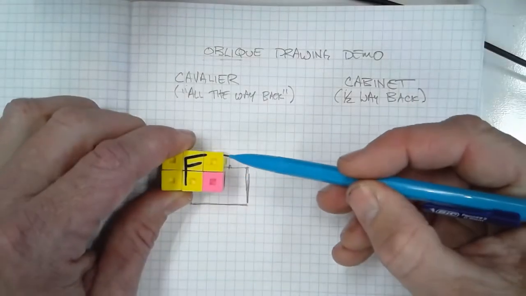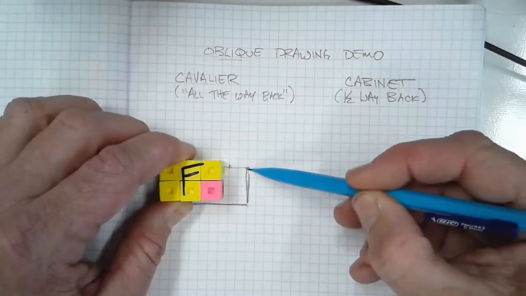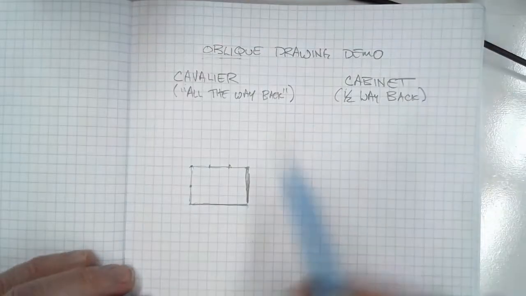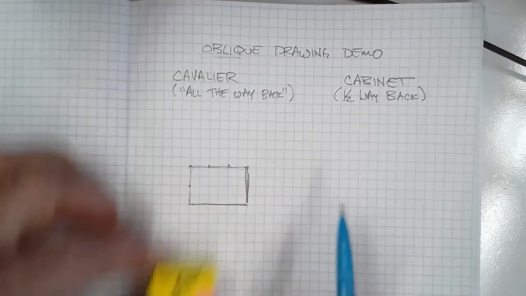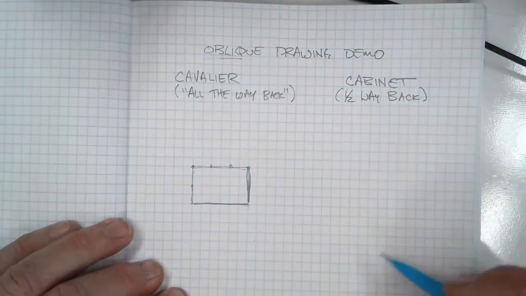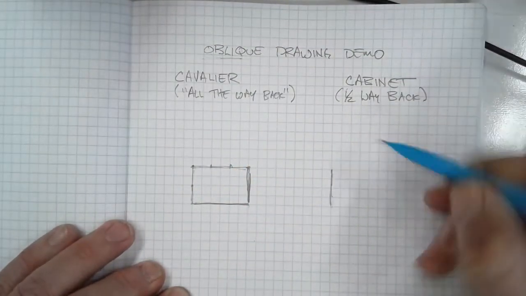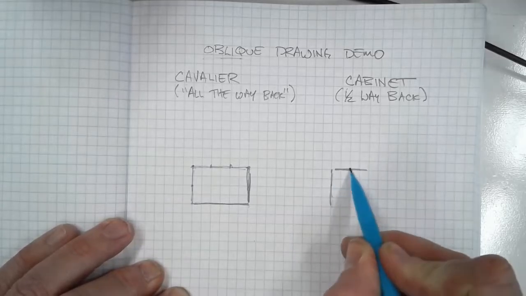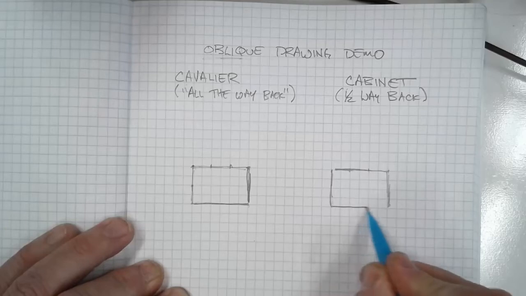Each one is going to be 2 of these squares on my paper, so that's going to be 4 this way and 6 this way. 2, 4, 6. We might as well do that for both styles here, because in both cases we're going to start with the front of our object.